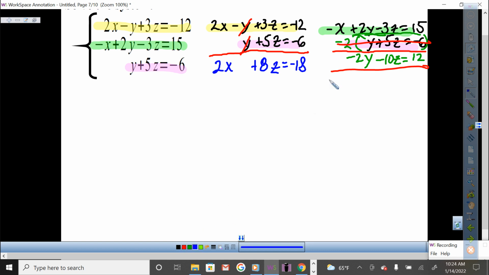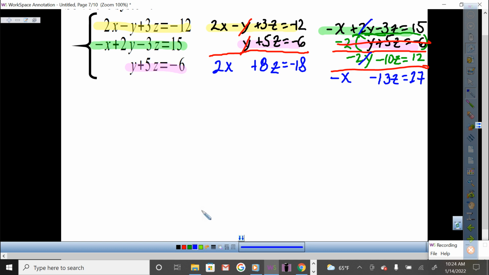We're left with negative x. The y's cancel. Negative 13z. 27. We good up to right there?